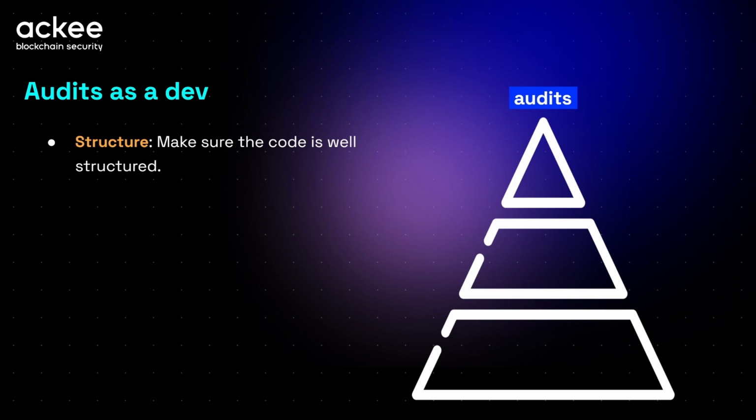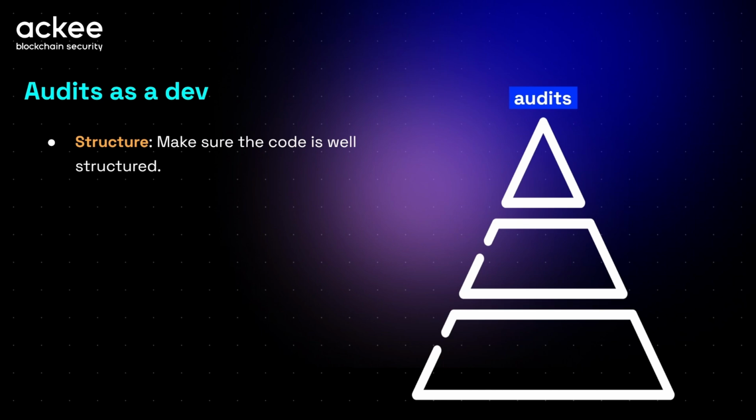So what is important? The first important thing is the structure. This is important from a lot of points, not only from the point of the audit. If you make the code well structured, firstly, it can help you better navigate in your application. You may even understand the smart contract better.